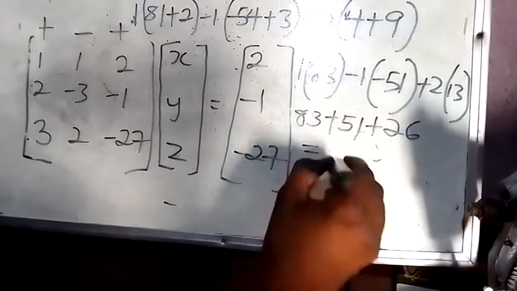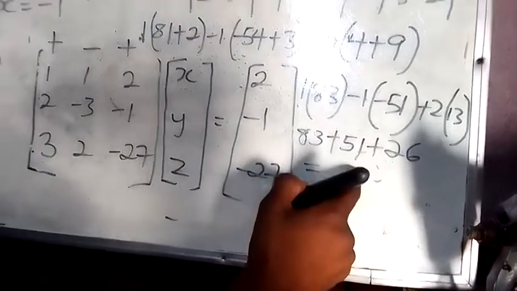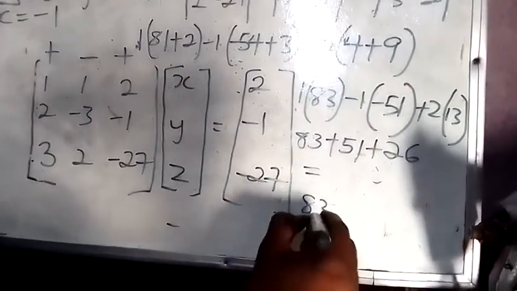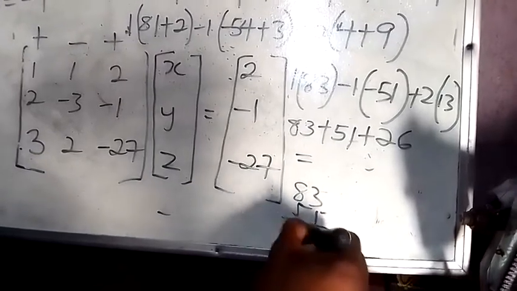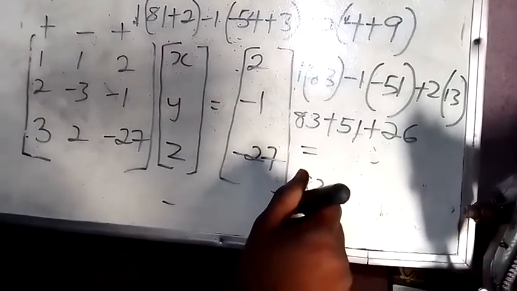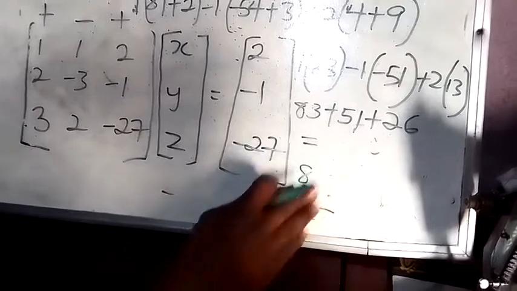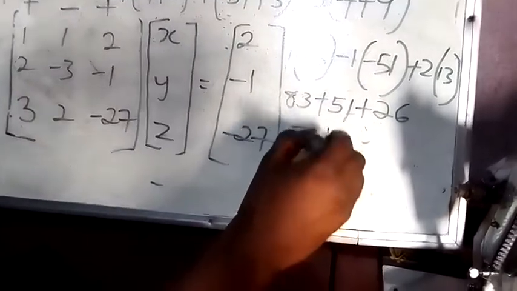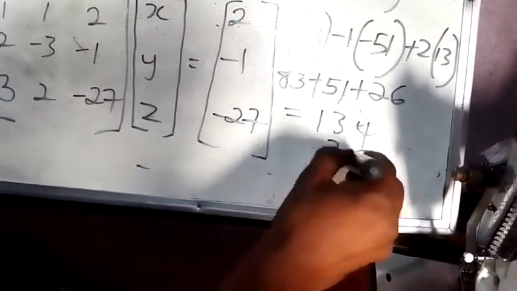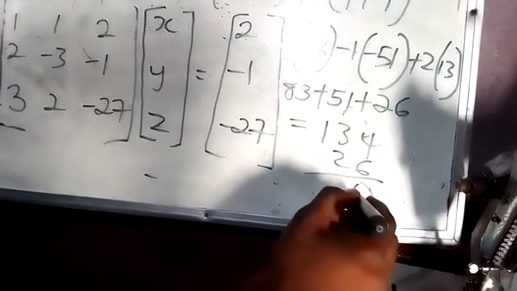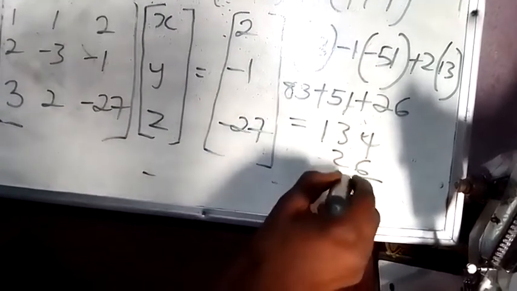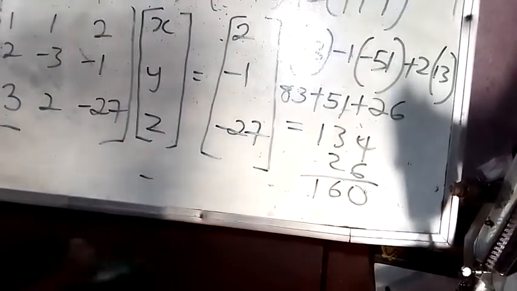So we add this together. 83 plus 51 is what? That is 134. So 134 plus 26. That's 160.